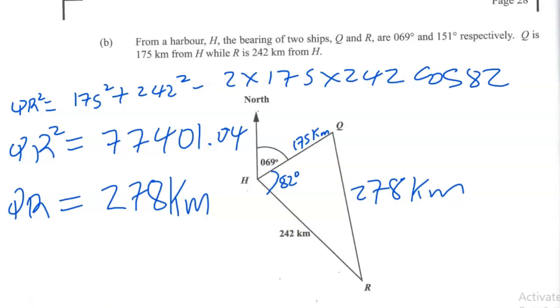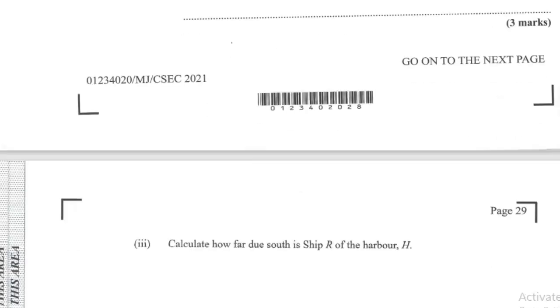Next, what else are we asked to find now? How far south is ship R from the harbor H? How far due south is ship R from the harbor H?